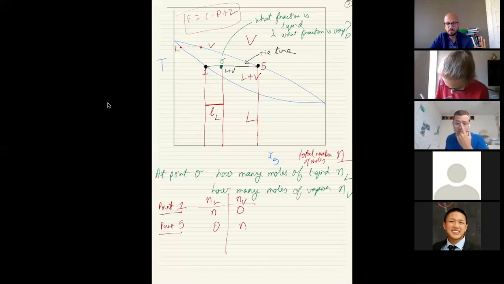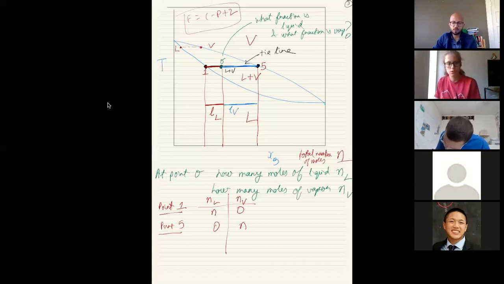I don't know why I call it 1 and 5. I thought I would be drawing lots of points in the middle, but that's okay. And then you measure this length. This length I am calling L liquid. And then you measure this length. This length I am calling L vapor.